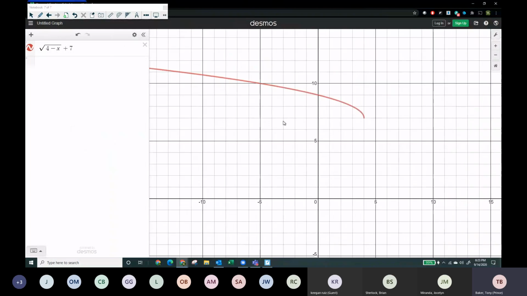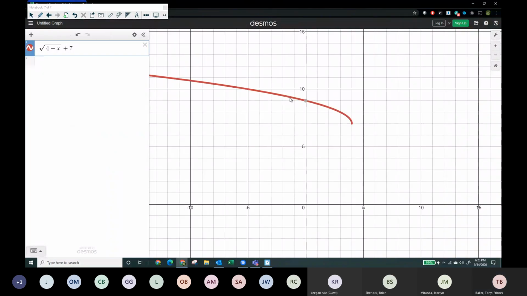All right, so if we look at this graph, my domain for this function is from negative infinity all the way to 4. So negative infinity to 4.